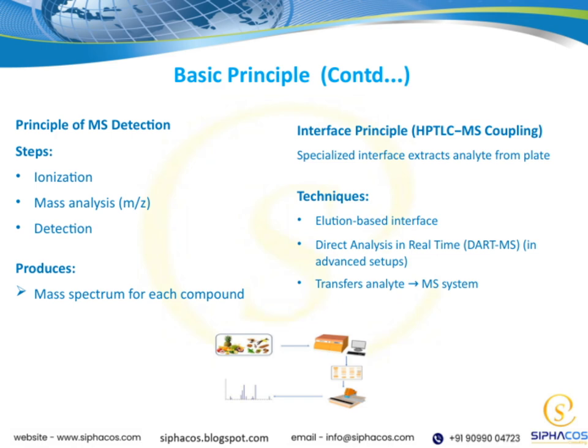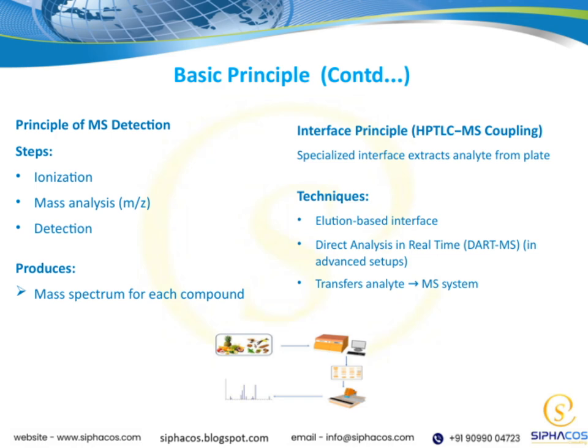In more advanced setups, we also have direct analysis in real time, or DART-MS, which allows for rapid analysis without extensive sample preparation. The key idea is that these interfaces transfer the analyte directly into the MS system, enabling seamless analysis.